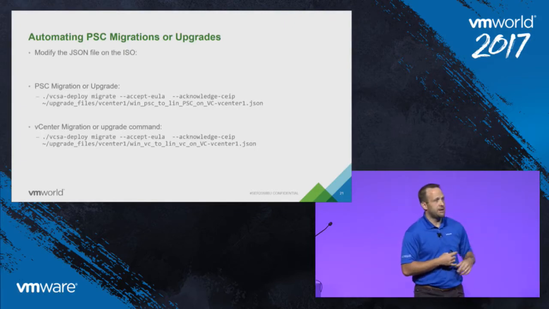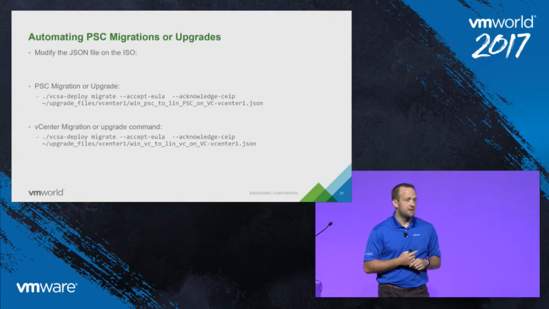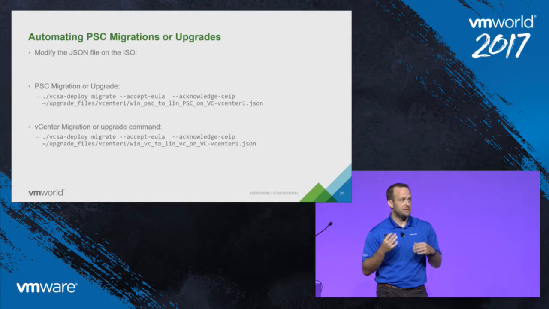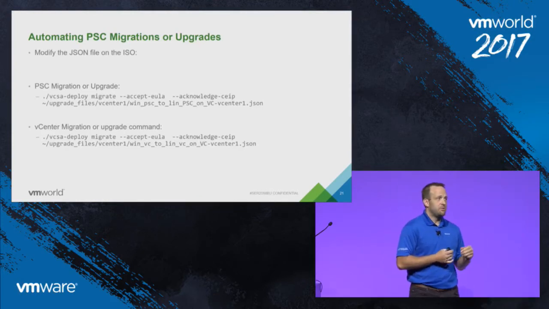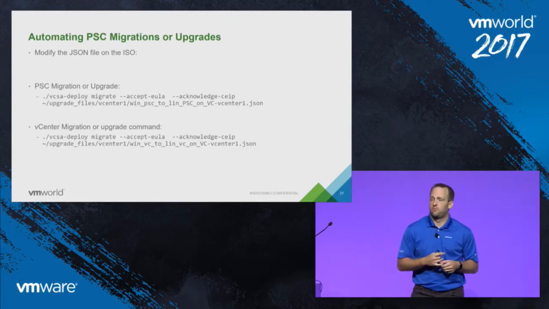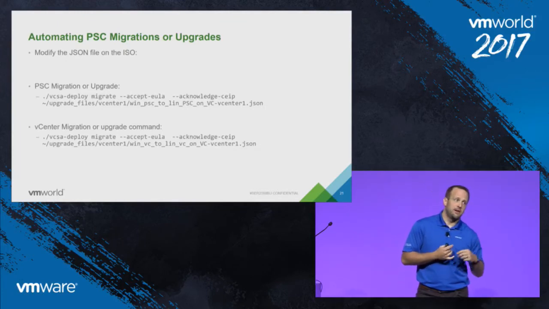And finally, once we get ready to do it, we execute that command for the top one to upgrade the PSC. Go get a cup of coffee, come back in about 15 minutes, and your original PSC should be powered off. Your new PSC should be up and running and ready for login. And then we get onto the Virtual Center. We execute that command there.